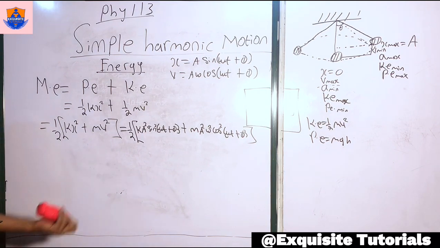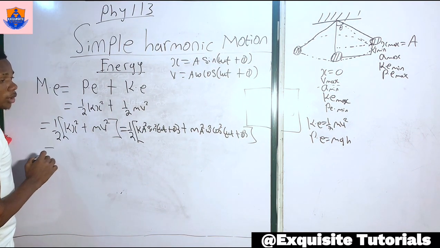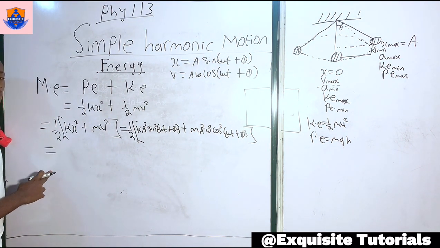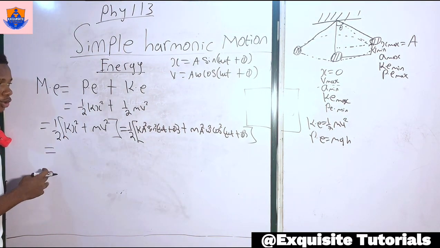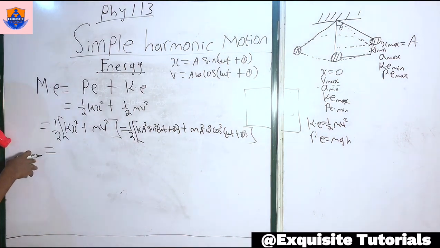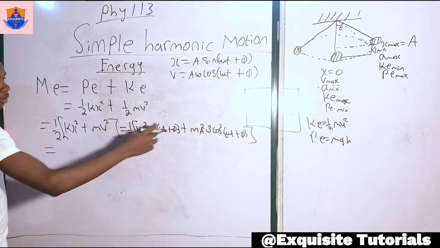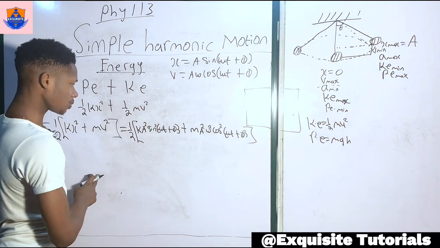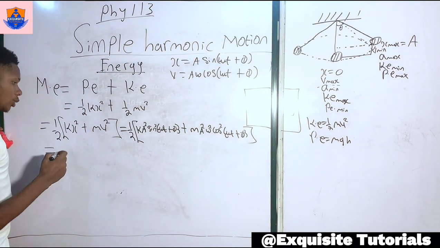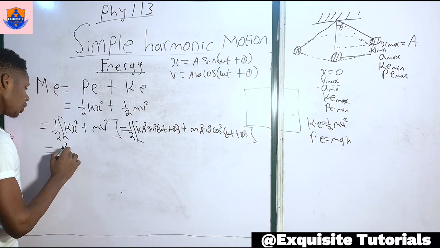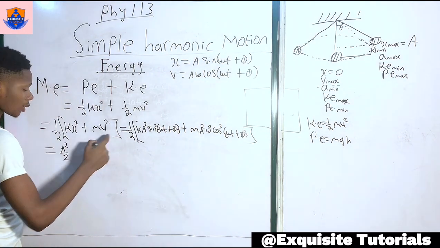We can't just leave this formula as it is, since it is kind of unclear to most people. So what we are going to do is break down this formula and see the resultant mechanical energy of the system. Also, we can see that some quantities are common, for example a squared. Factoring out a squared gives us a squared over 2, of course with the 1/2 outside.